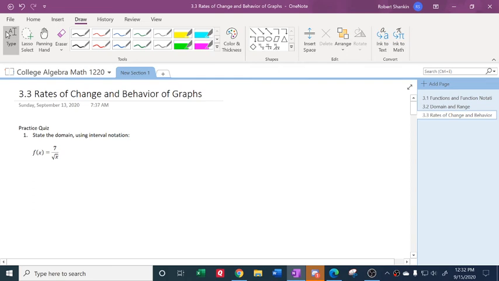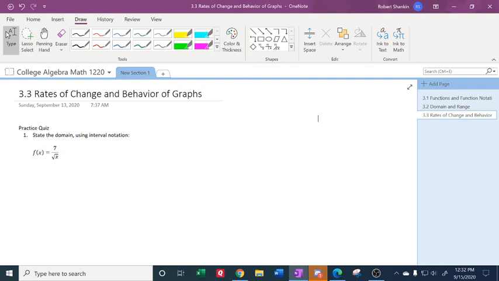Now notice that while I went to the other screen, you couldn't see the practice quiz. But if you had OneNote, so consider it an assignment for next class if you haven't already done this, make sure you have Microsoft Office installed on your computer.